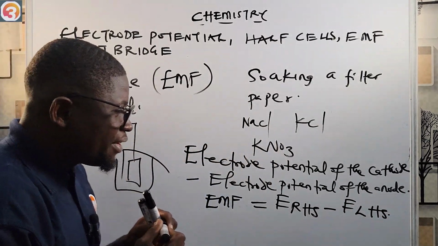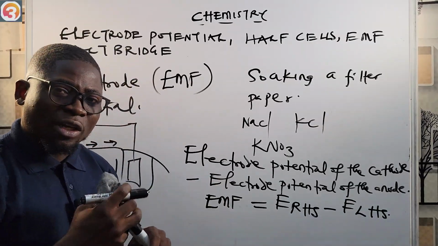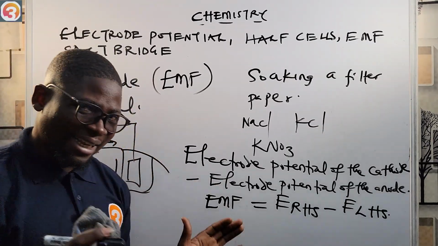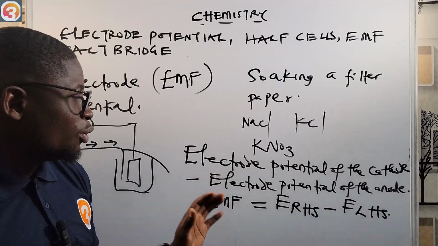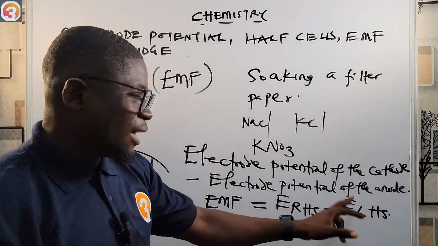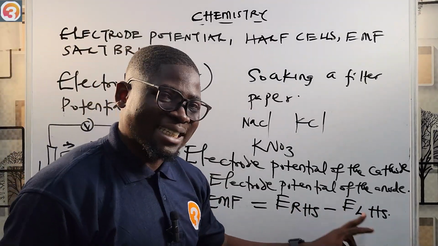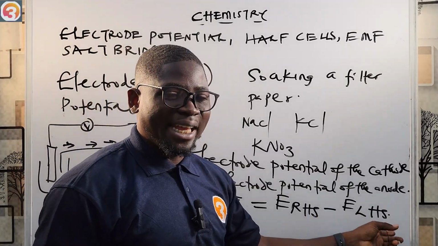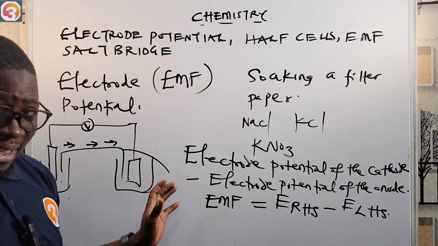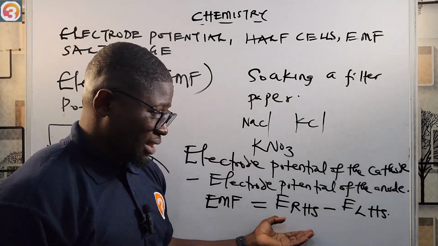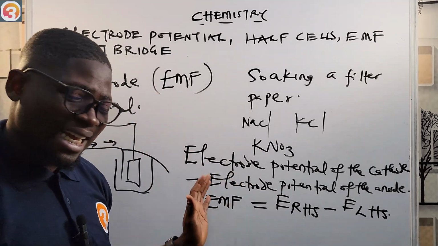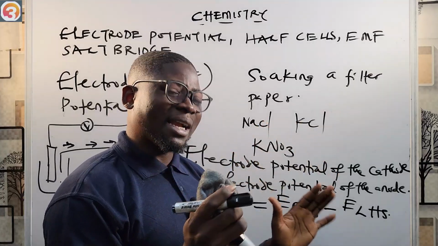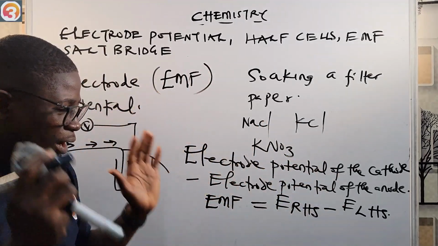That means if an electrochemical cell is to be arranged properly, the cathode will be on the right hand side while the anode will be on the left hand side. That's why I'm saying E_RHS minus E_LHS. I'll go over that again. The cathode will be on the right hand side if an electrochemical cell is to be arranged accordingly.